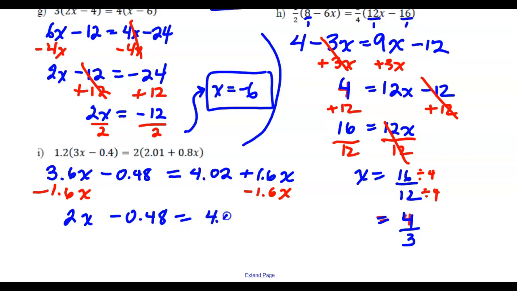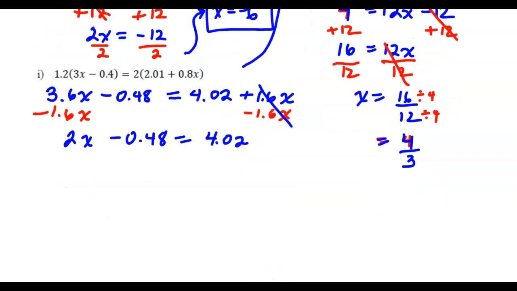Computer's very slow right now. Okay, and then isolate the x term. It worked out to be a whole number when I collected the x's. I'm going to add 0.48.